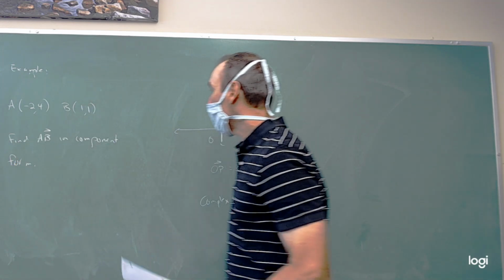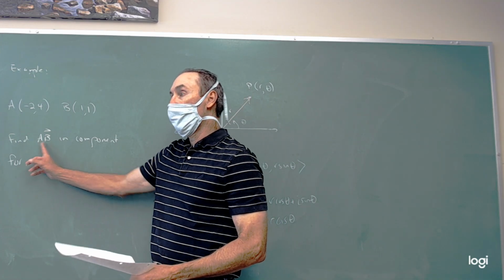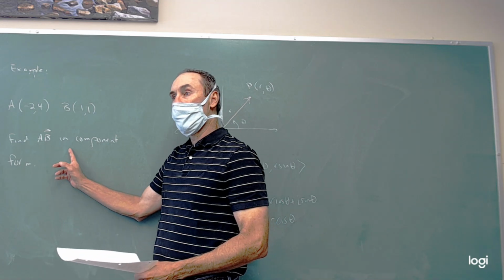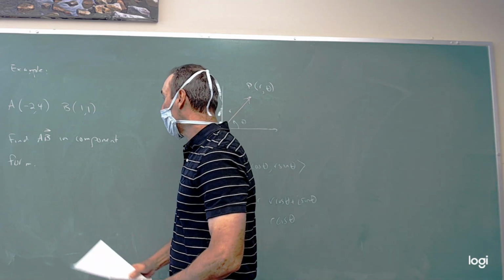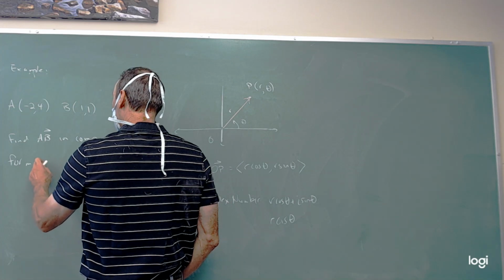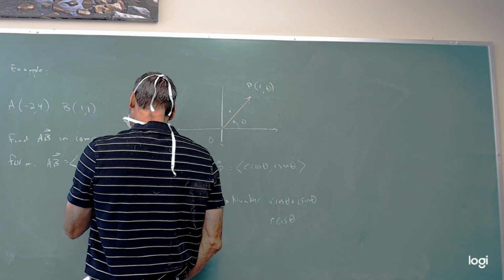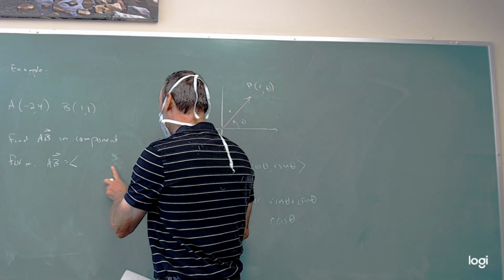So we're thinking of this vector as starting at point A and going to point B. And so what we want then is, how do we write that vector? And I'm going to use the angle brackets because I think that's more clear, even though our book will just use parentheses.